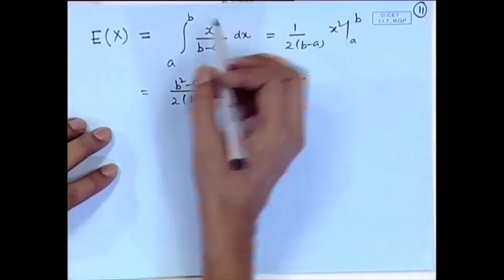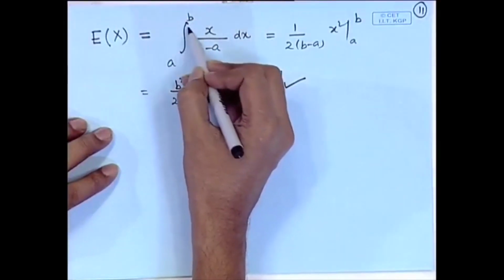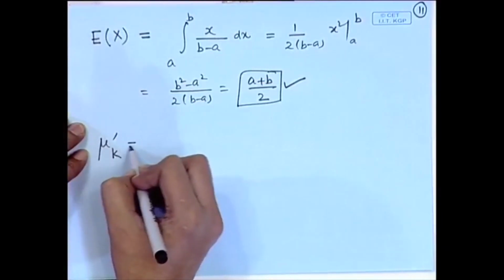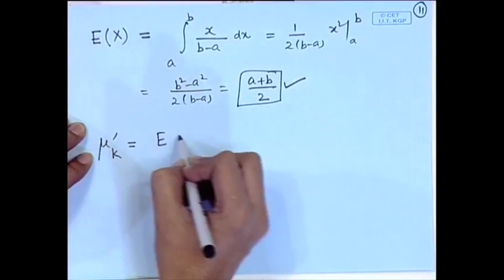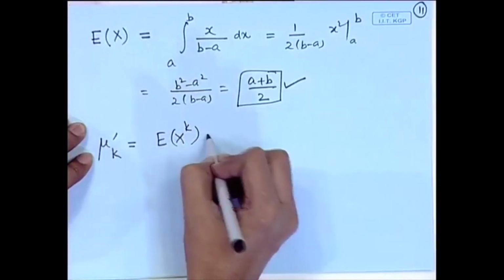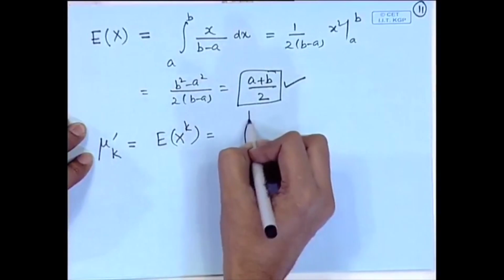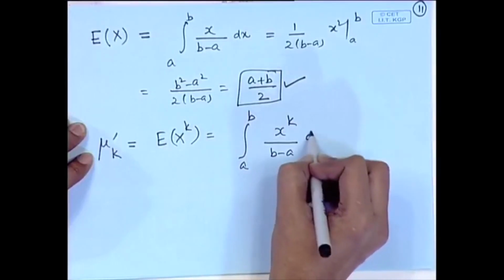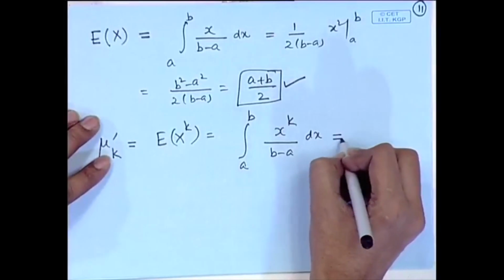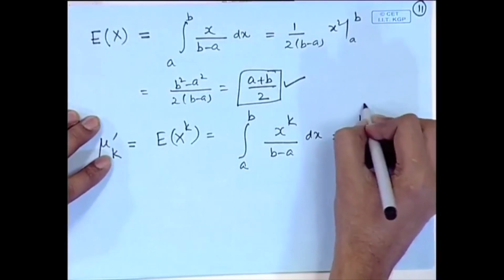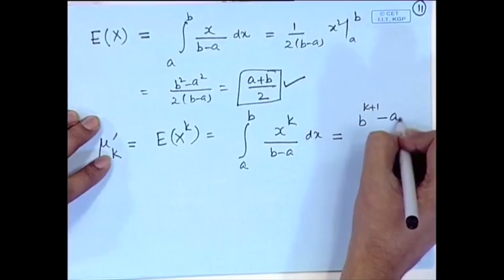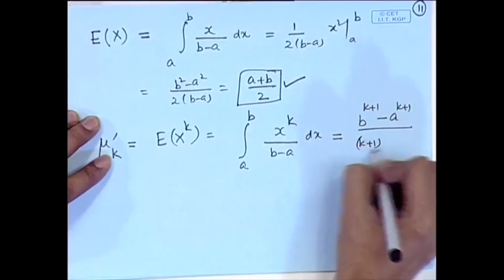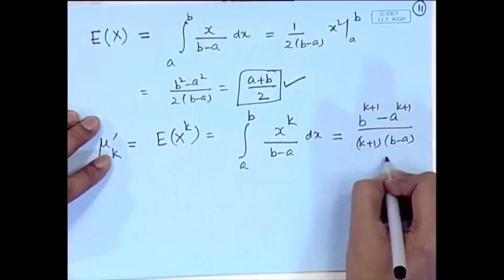Now, since it is a finite interval, we can look at the moment of any order here. The moment of any order will exist. Expectation of x to the power k is the integral of x to the power k divided by b minus a dx. So, this is equal to b to the power k plus 1 minus a to the power k plus 1 divided by k plus 1 into b minus a.